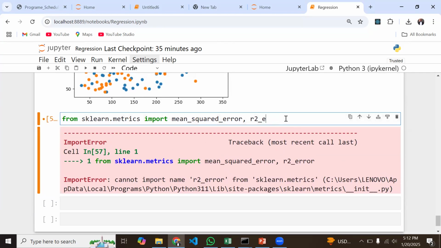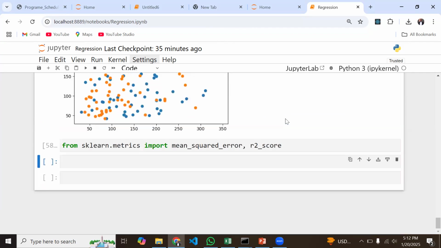Okay, it is R2 score, sorry. The name is R squared error, but the way scikit-learn has it over here is r2_score. So now we can bring in those things to actually see.